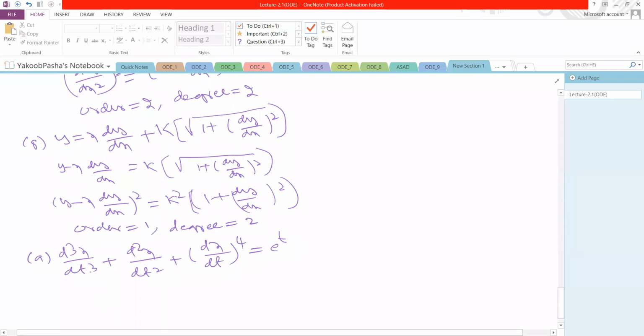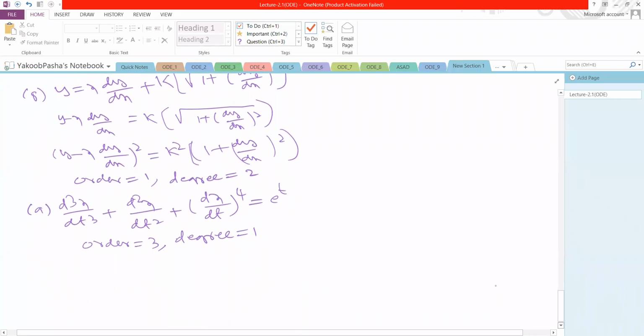So here the maximum derivative is 3, order is equal to 3, and maximum derivative power is 1, don't take the 4 value. Okay, so here order is equal to 3, and degree is equal to 1. And I am taking another example.